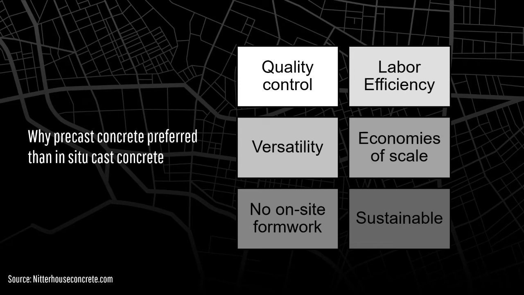So rather than the in situ cast concrete, in situ cast concrete will have uncontrolled quality control, because we cannot predict the environment, the weather, or any nature effect. So the next one is the labor efficiency. Precast concrete is much more labor efficient.